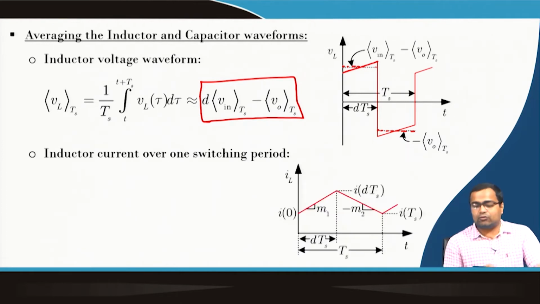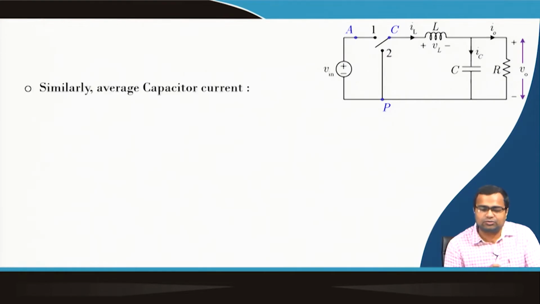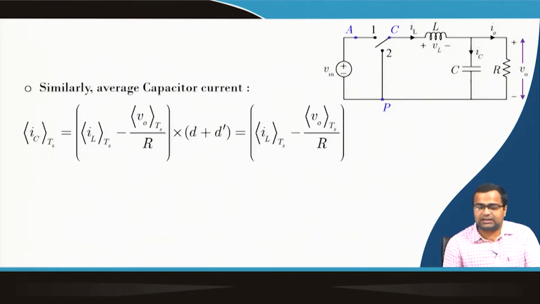Similarly, for the inductor current over one cycle, we can take the average value. We are talking about the average inductor current dynamics over one switching cycle, and it can be represented by this. Then the average capacitor current we can also obtain. The capacitor current is nothing but the inductor current minus the load current.